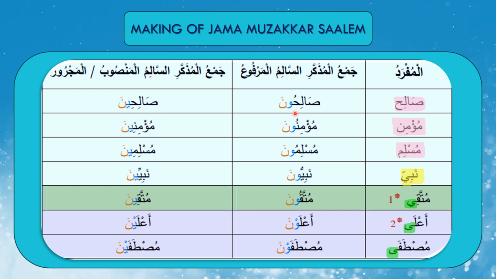So first of all, I would like to explain, if you see in this first row, there are nouns, but there are different kinds of nouns. The first three nouns are simple nouns with all sahih letters at the end. Sahih means except the weak letters. What are the weak letters?